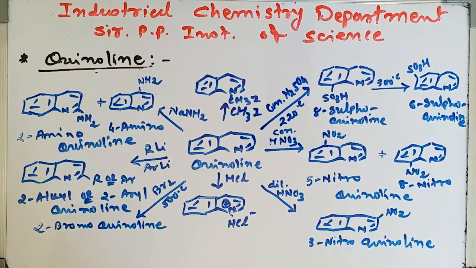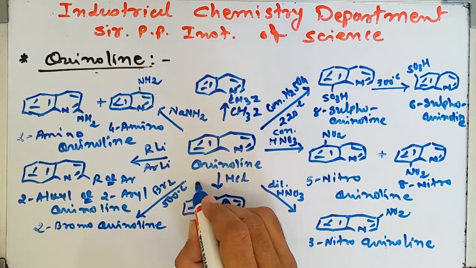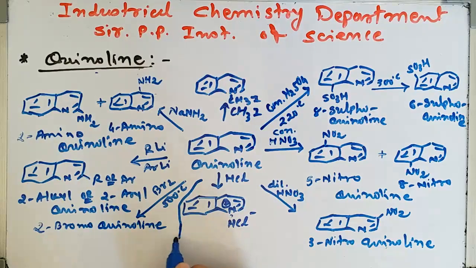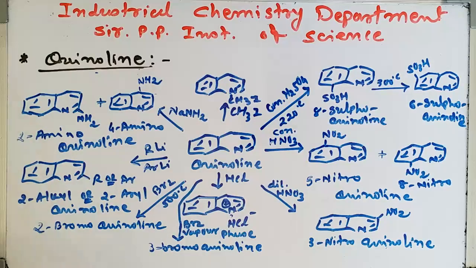So when we treated bromine at 500 degrees Celsius, we get 2-bromoquinoline, but with bromine in vapor phase, it is converted into 3-bromoquinoline.